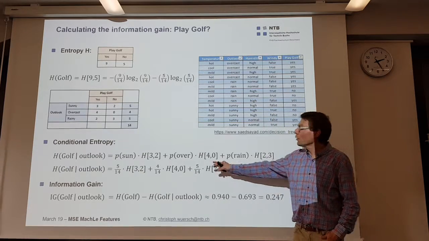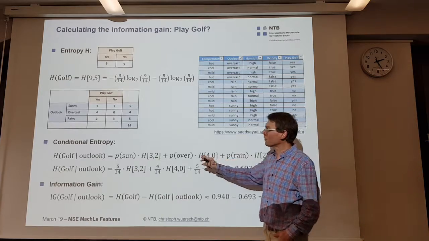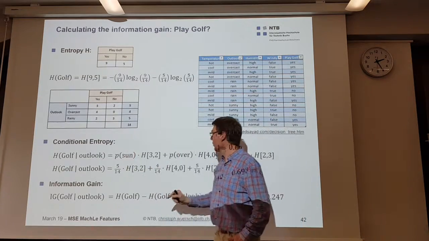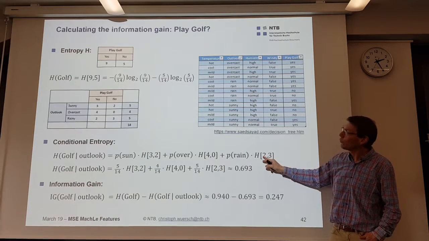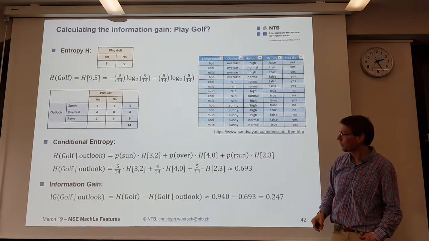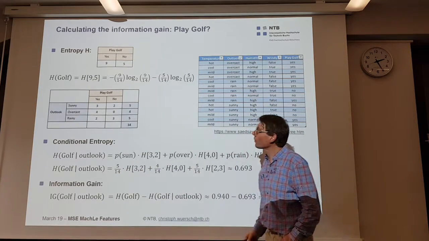So now we do this for the next feature and calculate the entropy given that one, for overcast. This is the split for overcast, and the split for rainy, it's 2, 3, given that thing. So this is 4 over 14 and 5 over 14.